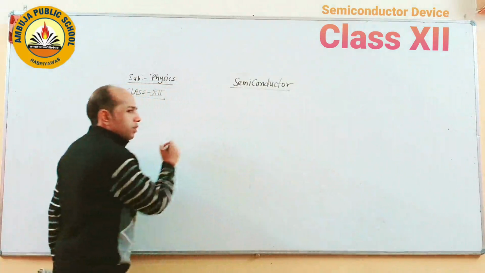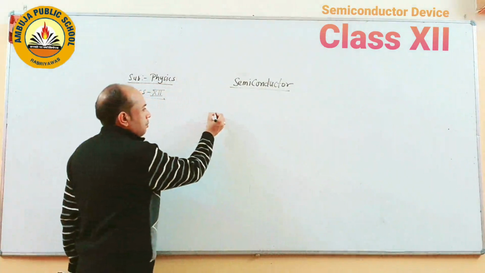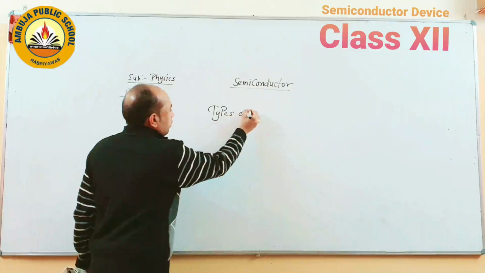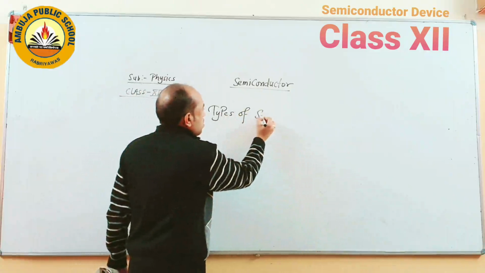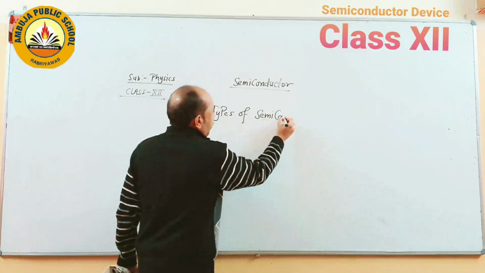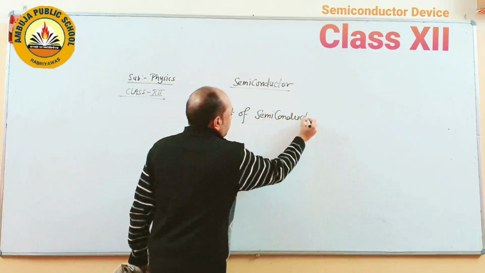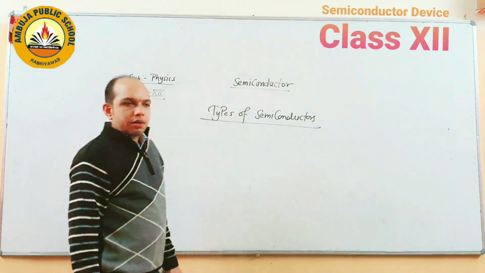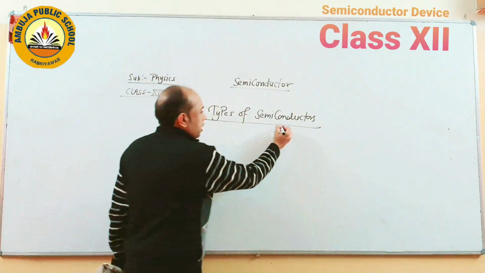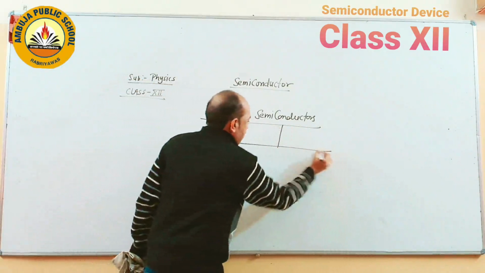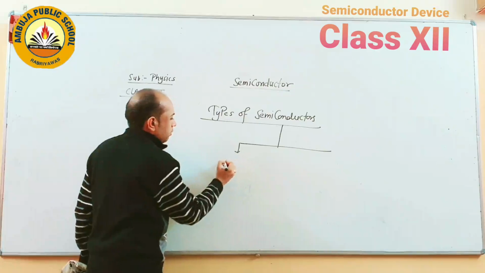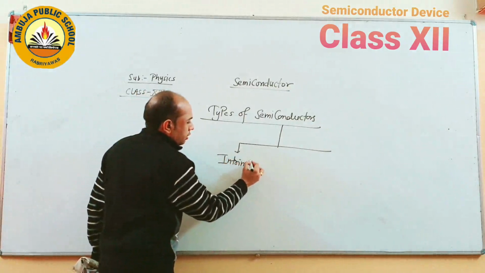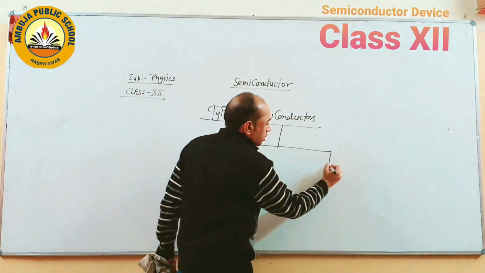So next we come to semiconductors and their types. Semiconductors are classified broadly in two categories: intrinsic, and second, extrinsic.